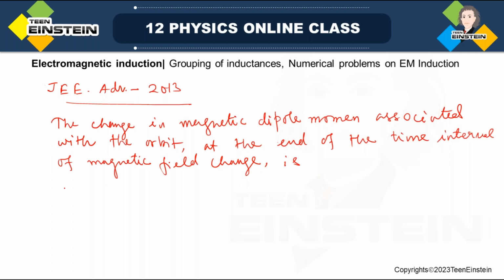There are a few options here, option A says minus gamma B q r square.